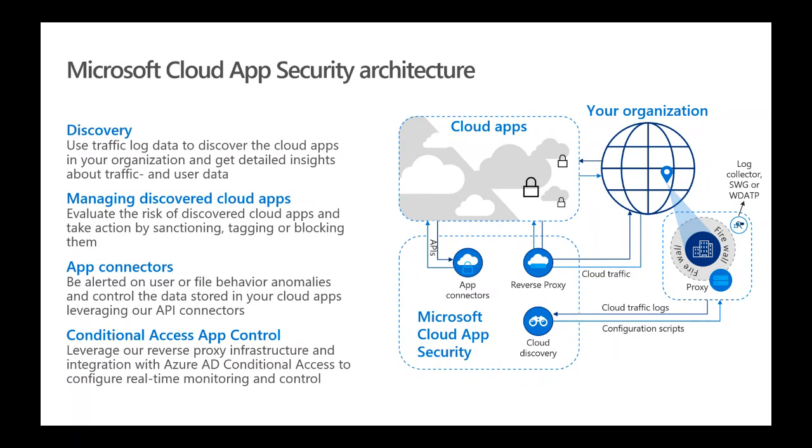And that's where something like this conditional access app control, which is reverse proxy based, would come in, so that you can say, I actually want to block download of sensitive resources to my mobile device as it happens. I don't want to wait a couple minutes and then be alerted on it, because once the data is downloaded to that device, the damage is done. Maybe that device isn't PIN protected, and I'm afraid that the user will lose it with sensitive data stored on it that anybody could now have access to.